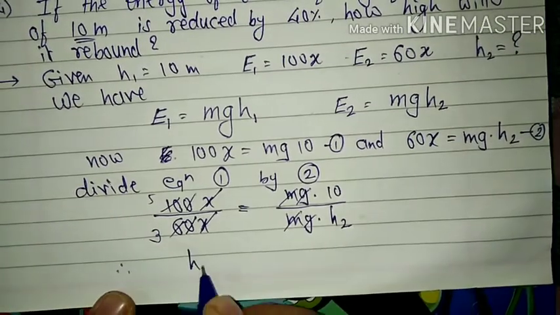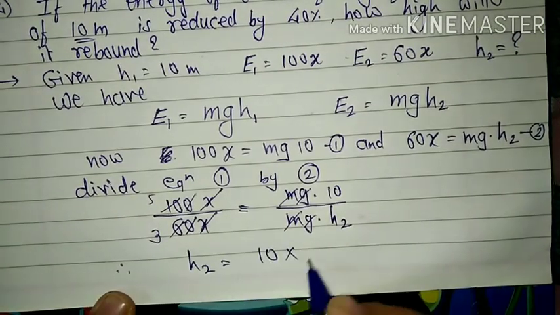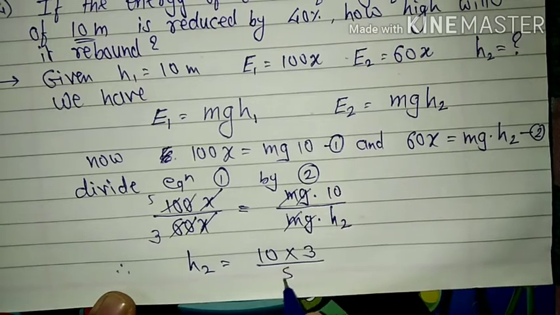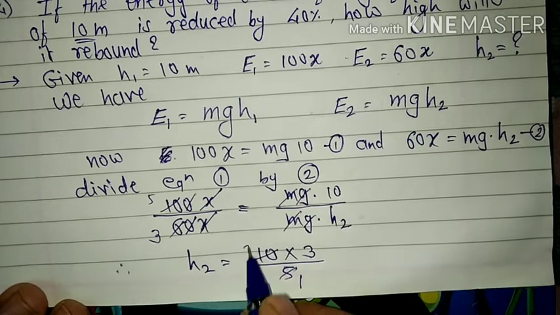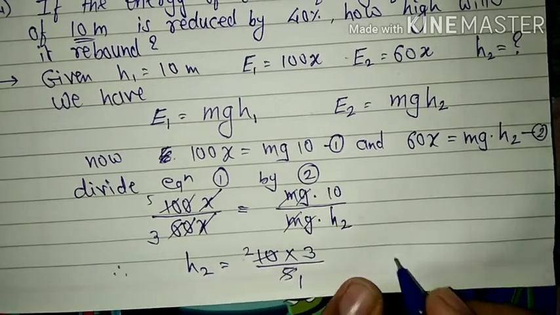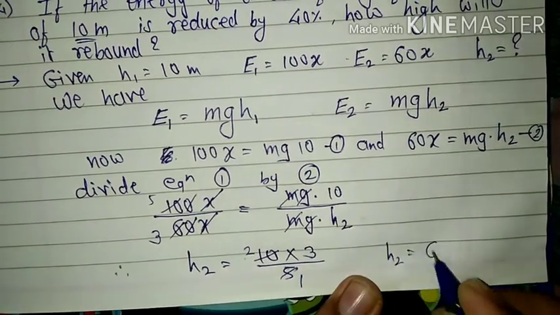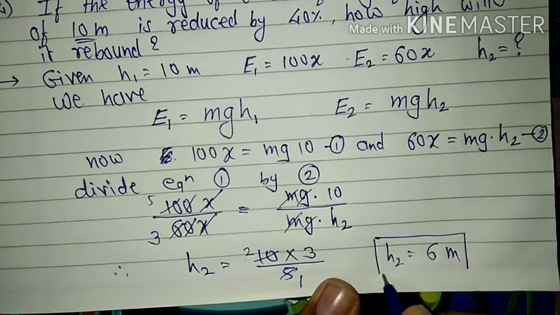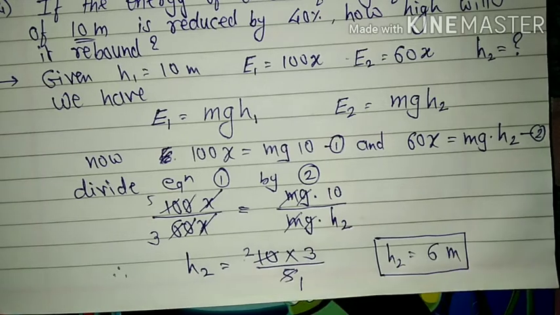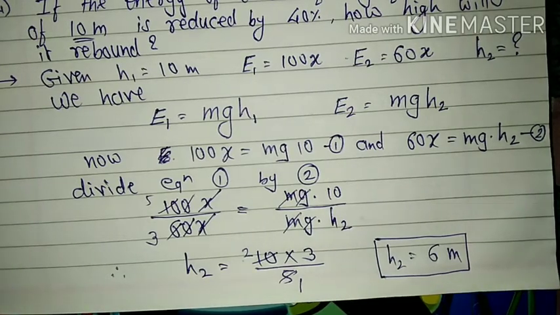It becomes h2 is equal to 10 into 3 upon 5. 5 twos are 10, 5 ones are 5, 2 threes are 6. So h2 is equal to 6 meter. Therefore the ball can rebound up to 6 meter.